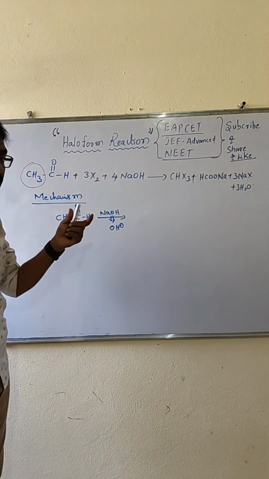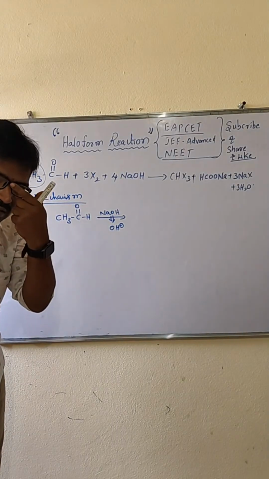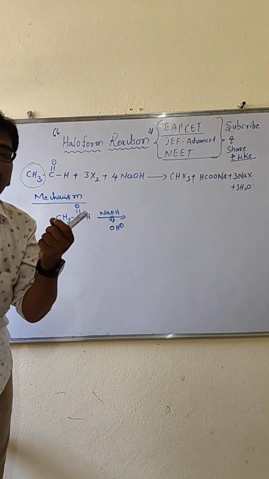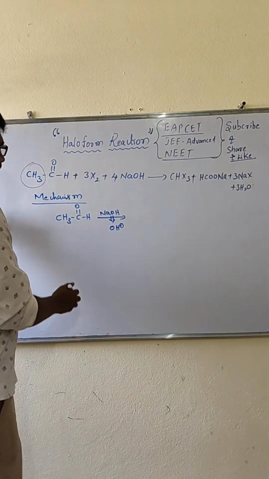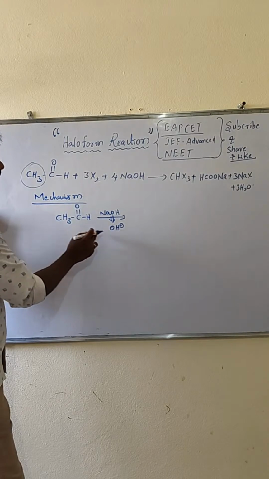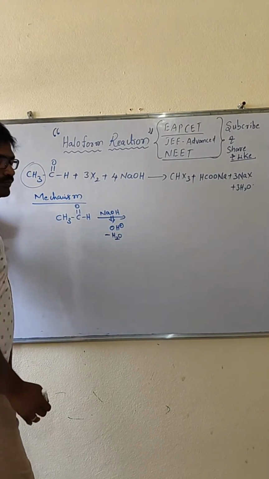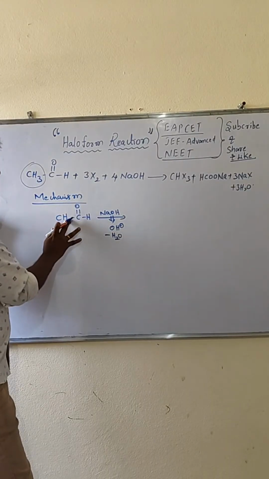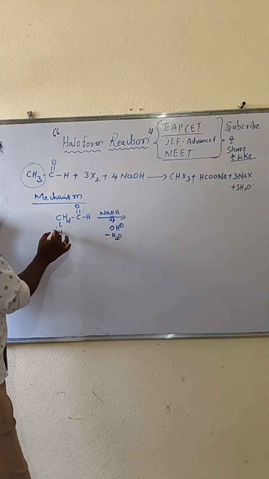OH minus abstracts the alpha hydrogen atoms. Why? Because alpha hydrogen atoms are more acidic. That is the reason it can abstract a hydrogen atom from the alpha position, and it will be converted into H2O. So it takes one hydrogen atom from here.